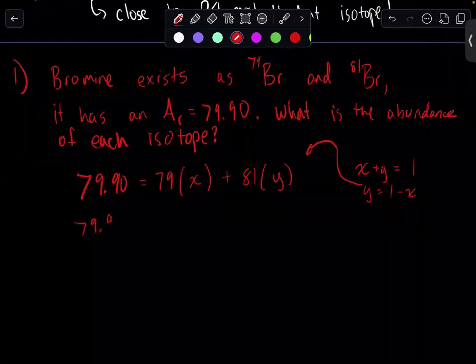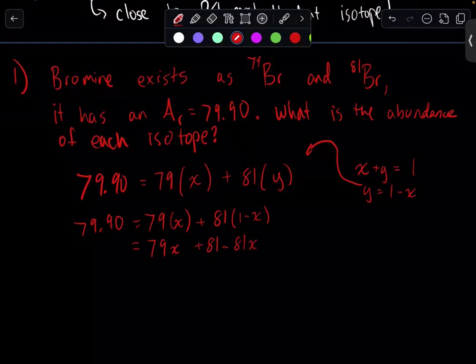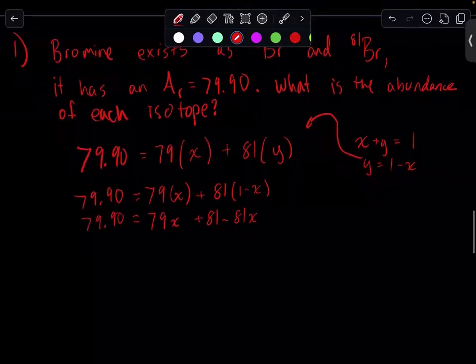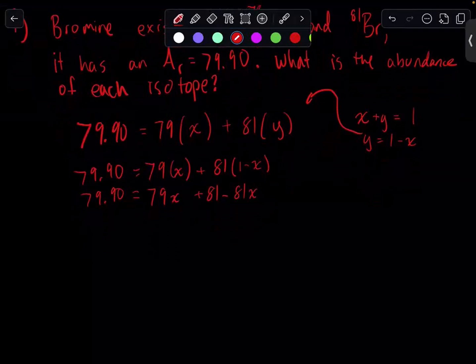So 79.90 is equal to 79 times x plus 81 times 1 minus x. We're going to solve this out and find that 79x plus 81 minus 81x is equal to, once again, 79.90. Much like in math, it's very important to keep your work organized.